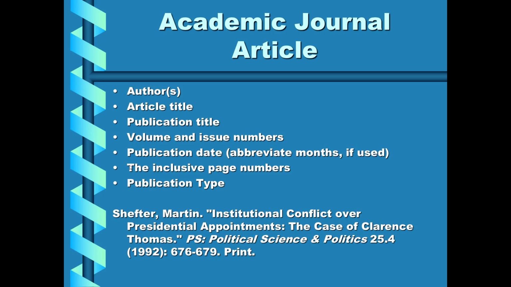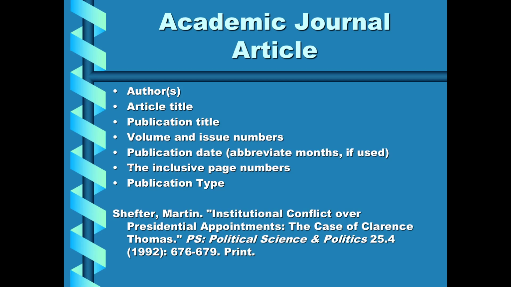After that, and notice that after the title of the journal article comes the title of the journal itself, which is italicized, and there's no punctuation between that and the volume and issue information. So, just be aware of that. That's the next point: the 25.4 after the title of the journal. You always need to give what we call the volume and issue information.